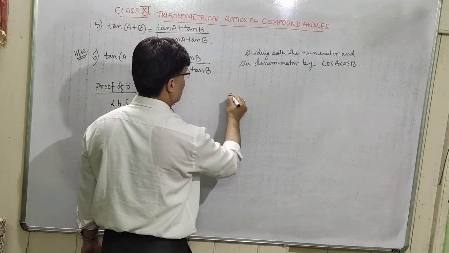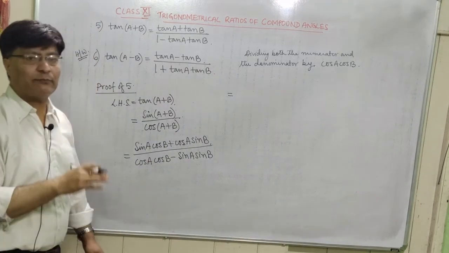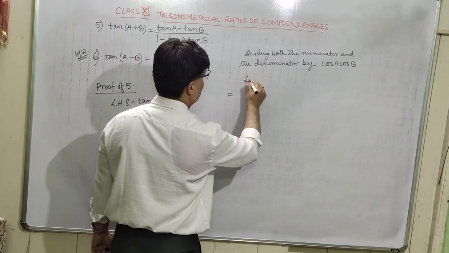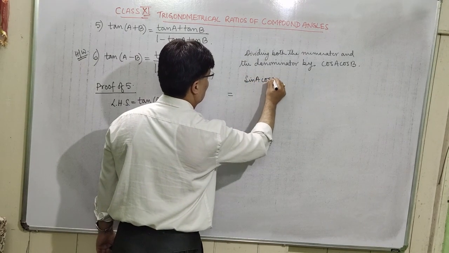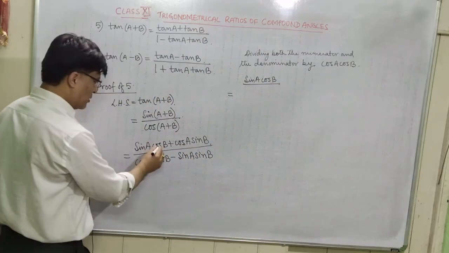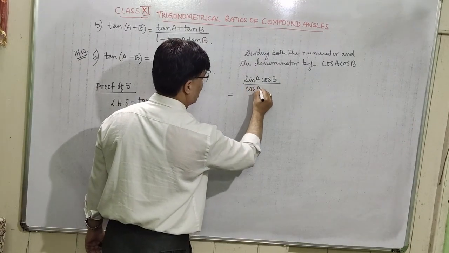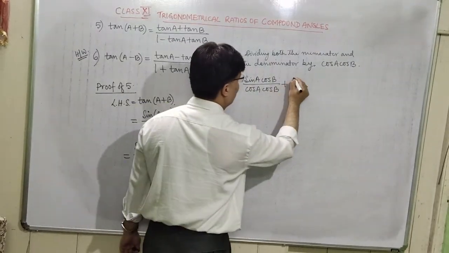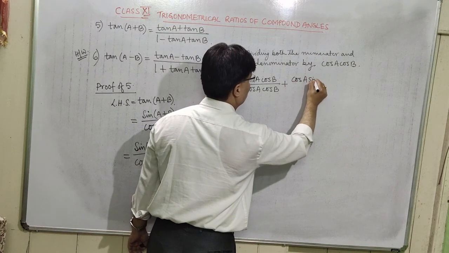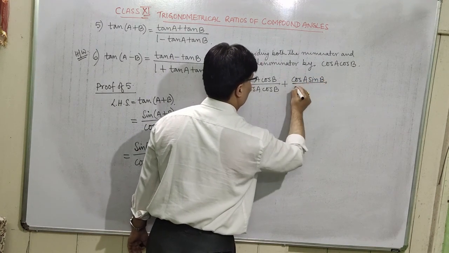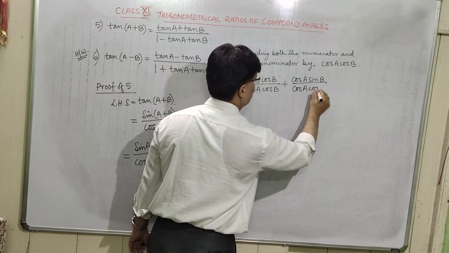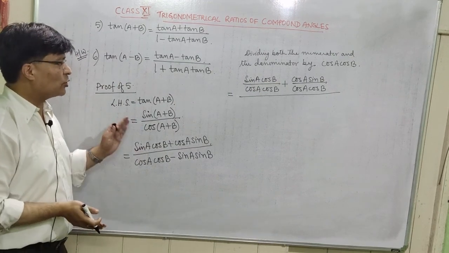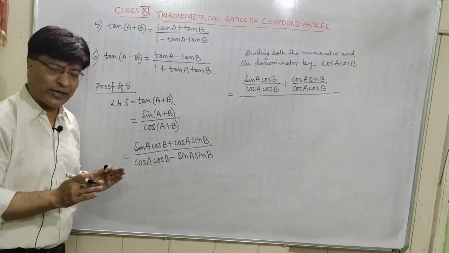Now we can divide both numerator and the denominator by cos A cos B, and you can separate the term. In the numerator you can write sin A cos B divided by cos A cos B, then plus sign, cos A sin B divided by cos A cos B. So this whole divided by, in the denominator also you have to divide by cos A cos B. You can separate the term.